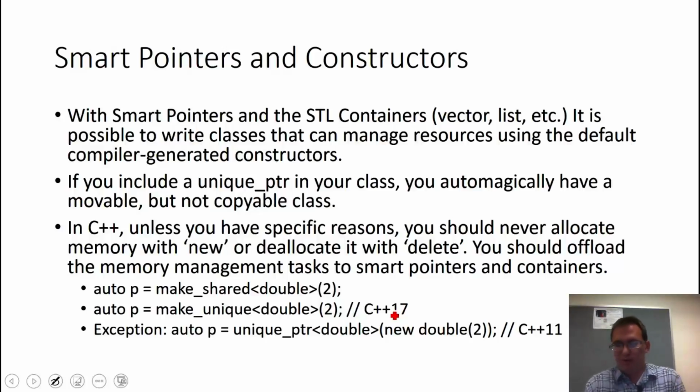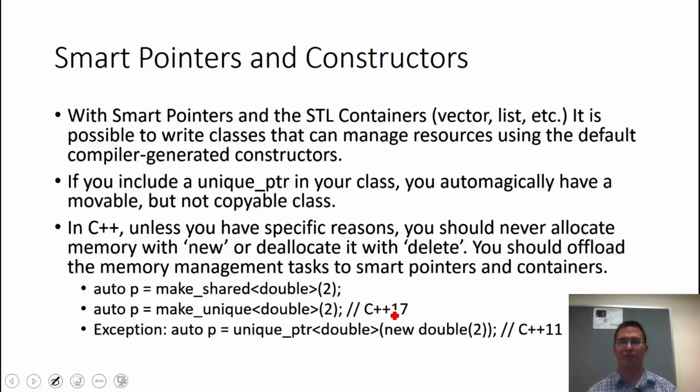So, the big thing that the C++ people want to do with all of this is that with the smart pointers and these standard library containers, your vectors, your lists, etc., you can write classes that manage resources, and you never have to write a constructor or a copy constructor or a move constructor at all.